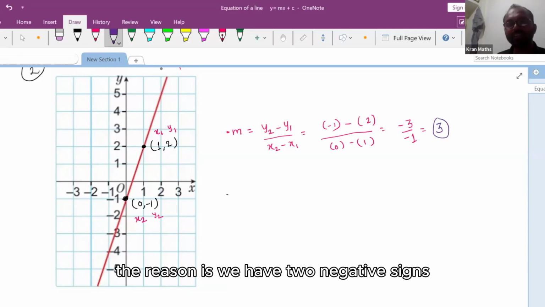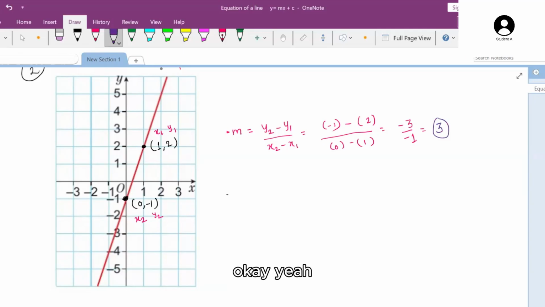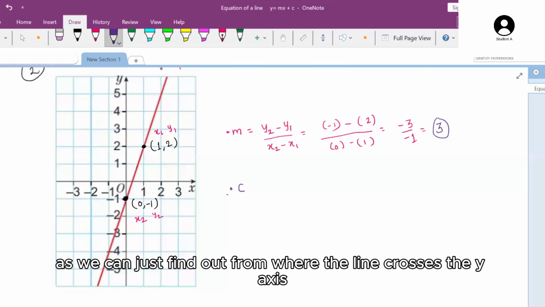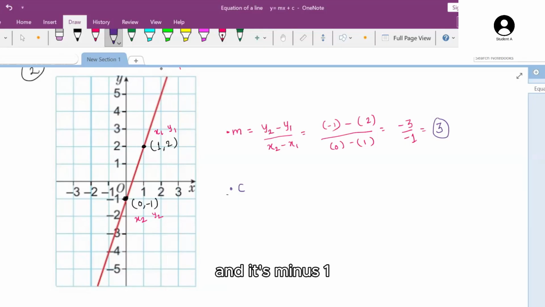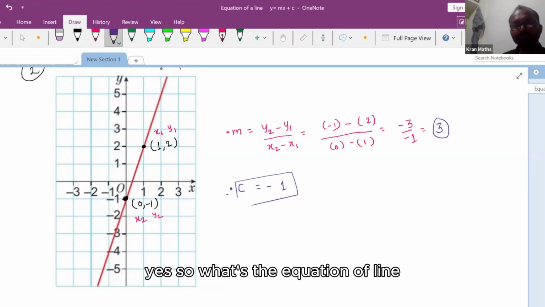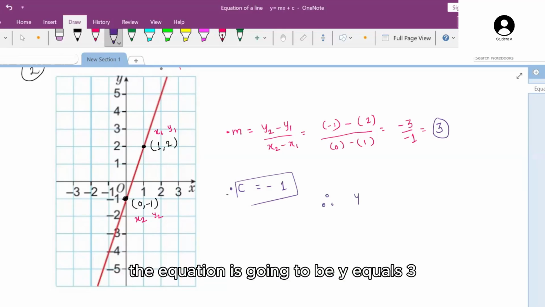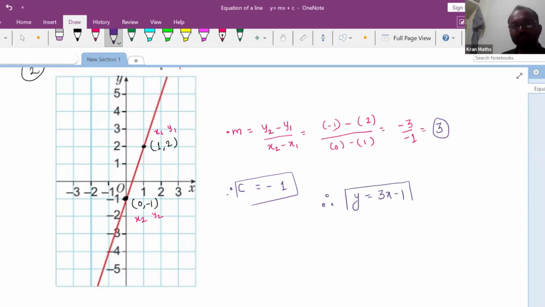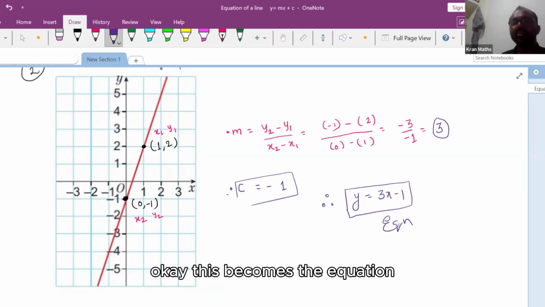The reason is we have two negative signs, and negative becomes positive. So m is done. What about c? C is very easy, as we can just find out from where the line crosses the y-axis, and it's -1. So the equation is y equals 3x minus 1.